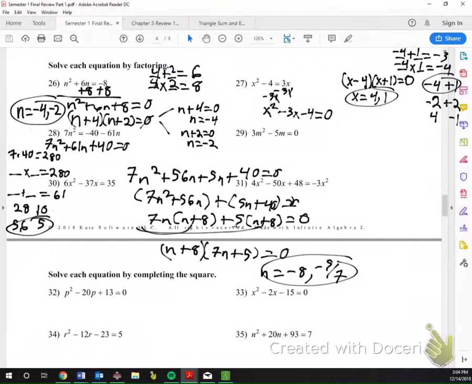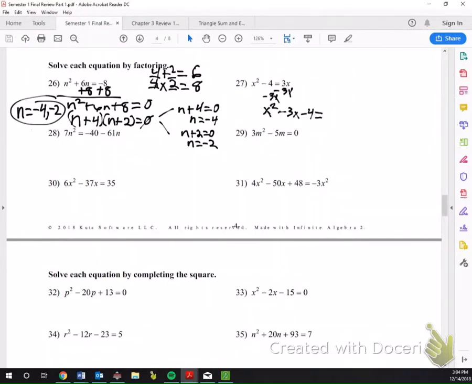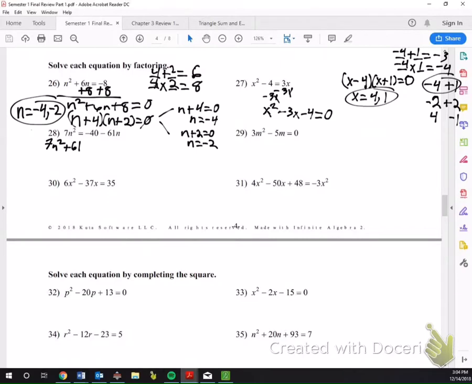Same thing for number 27. It's a little bit tougher because now we have something in front of the n squared. So we multiply 7 and 40 together. And again, I don't have the time to go through and reteach this right now. So if you're not sure how to do this, please come and see me.